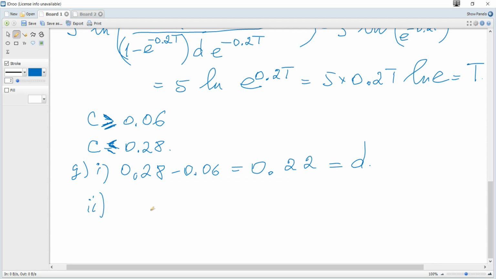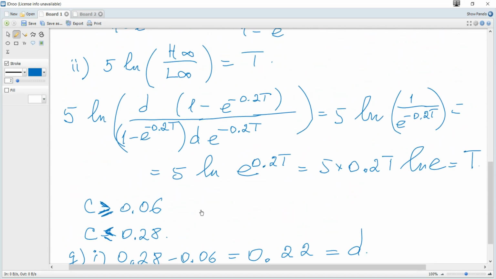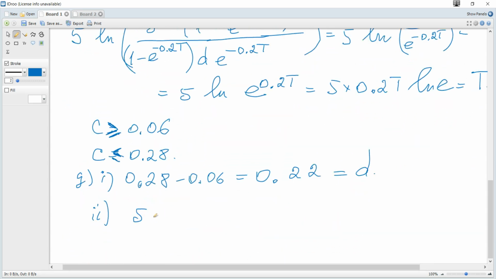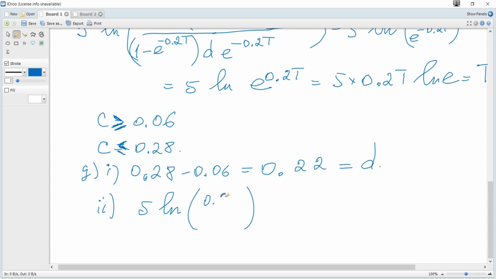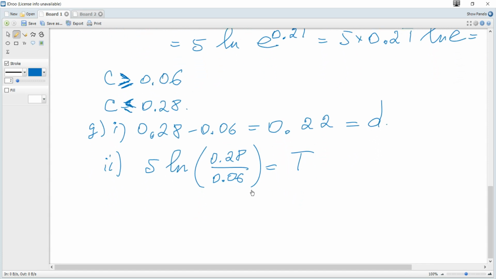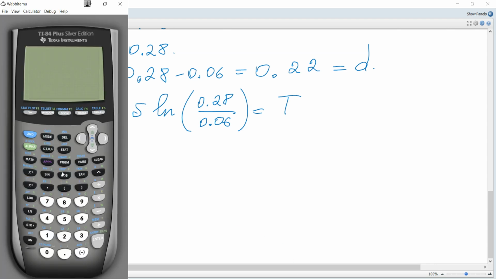And from this, 5 ln of the highest 0.28 divided by 0.06 is equal to T, and we can calculate it using a calculator.